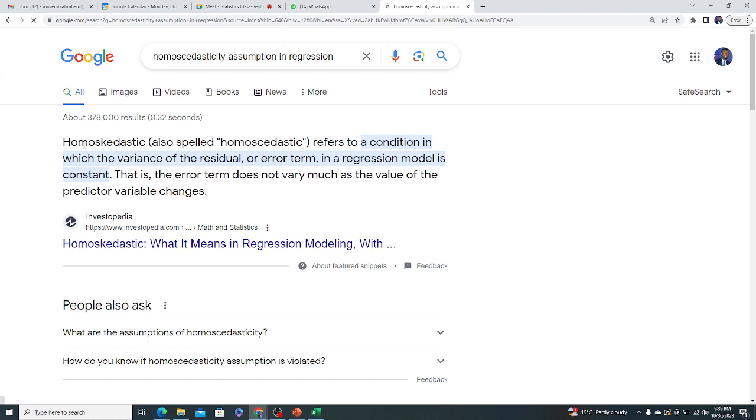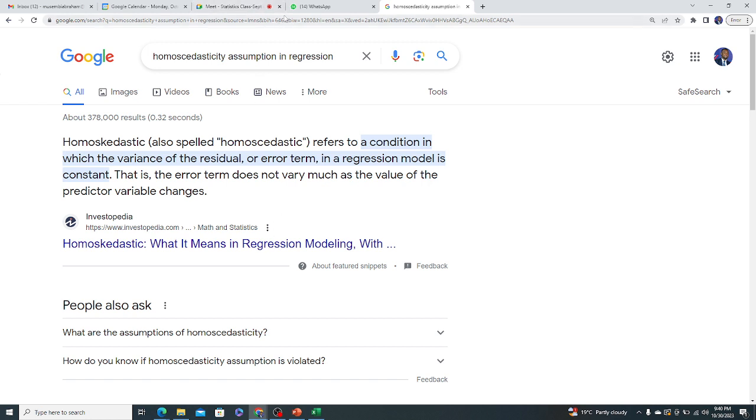So basically, homoscedasticity refers to a condition in which the variance of the residuals, or the error term, in a regression model is constant. That is, the error term does not vary much as the value of the predictor variable changes.